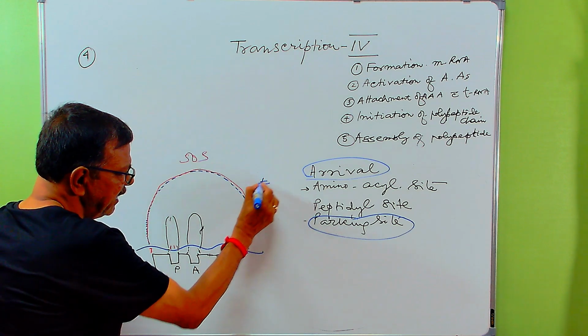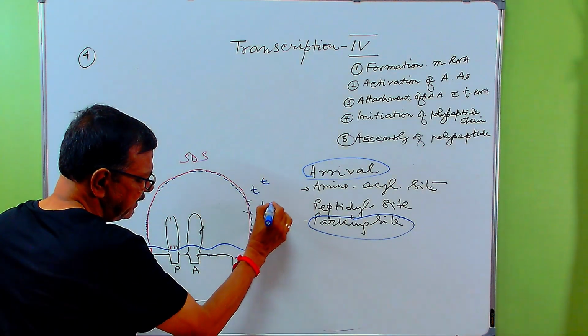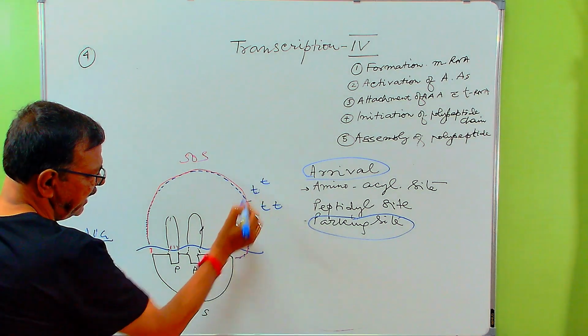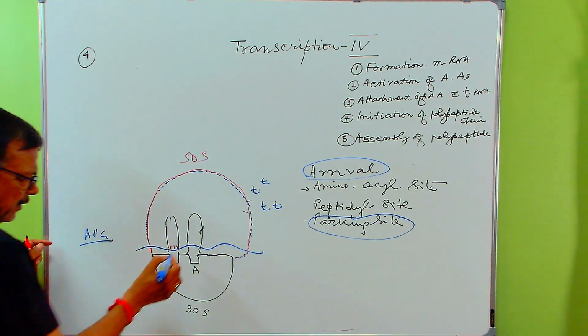Now the tRNAs are coming, carrying the amino acid. So the tRNA carrying the amino acid methionine will come here.